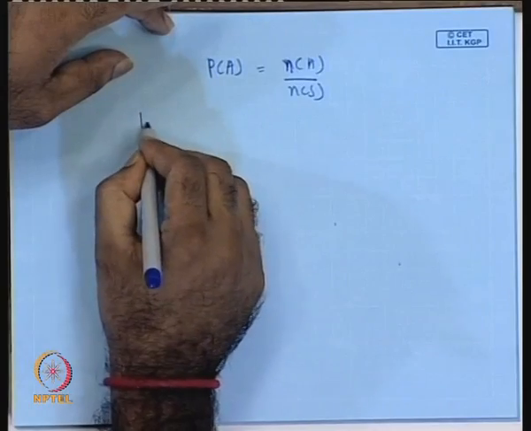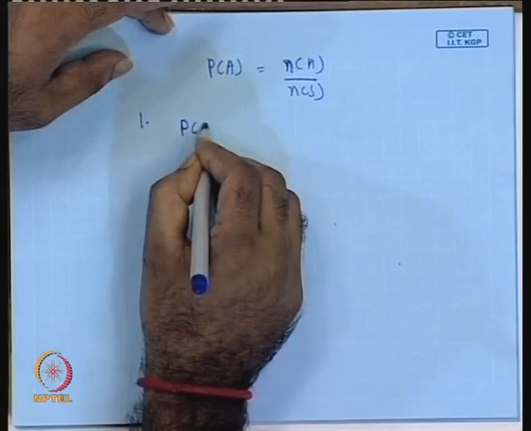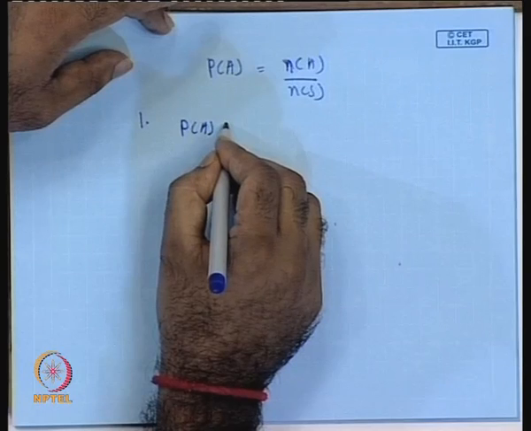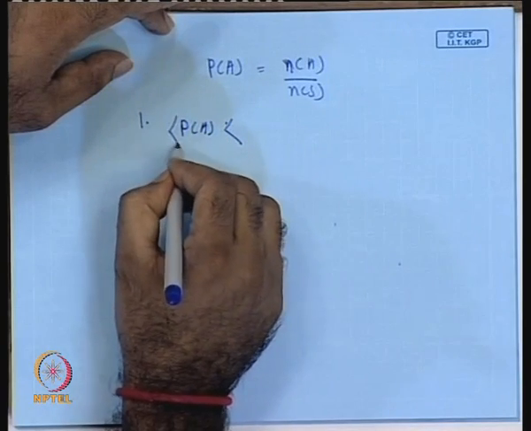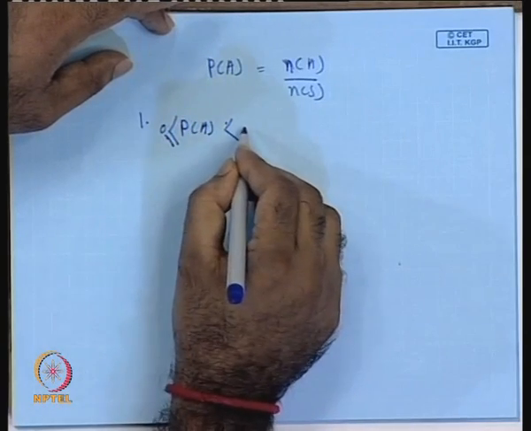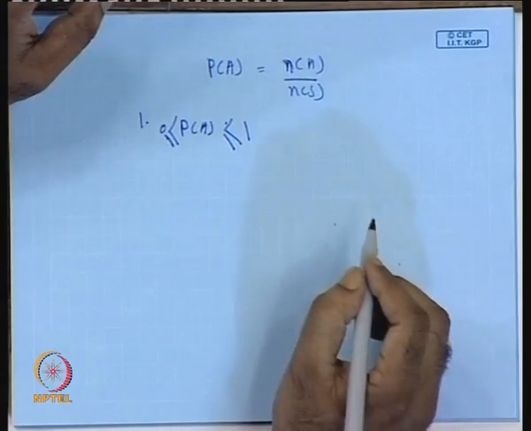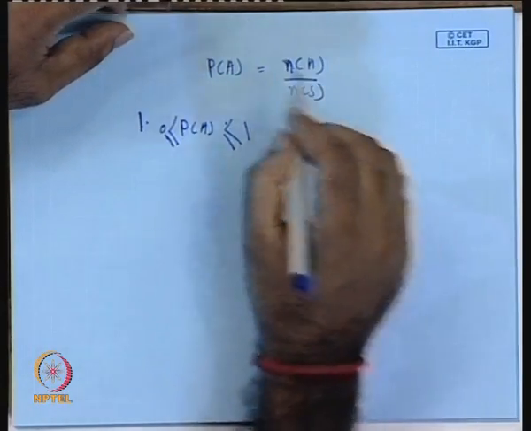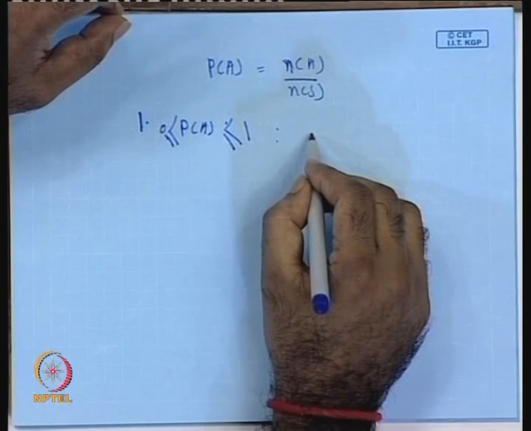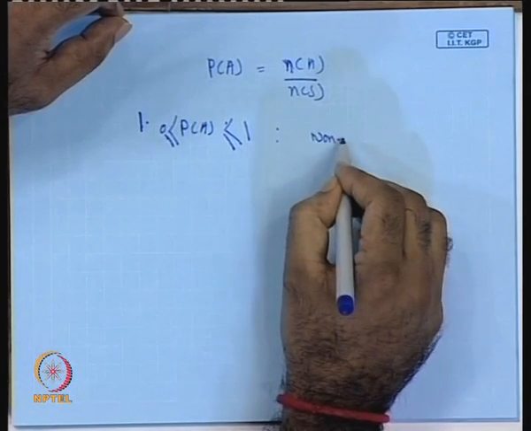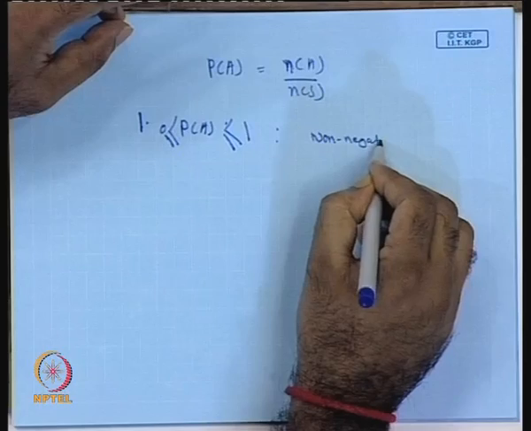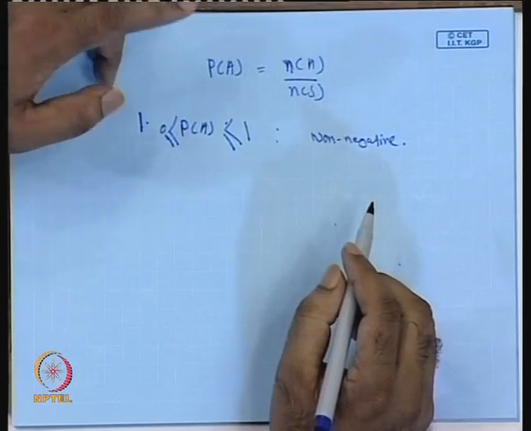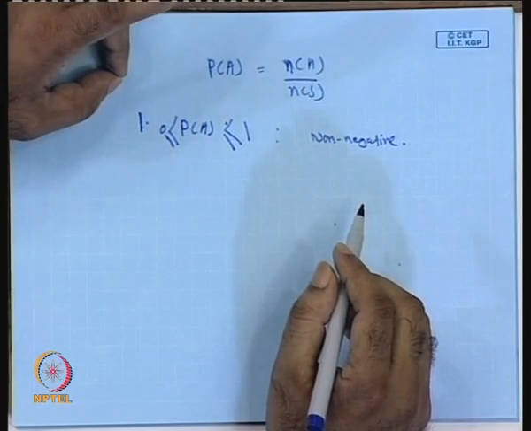One of them is that the probability of A is always greater than or equal to 0 and less than or equal to 1. That means the value of probability is always non-negative. This is the most important property of probability.